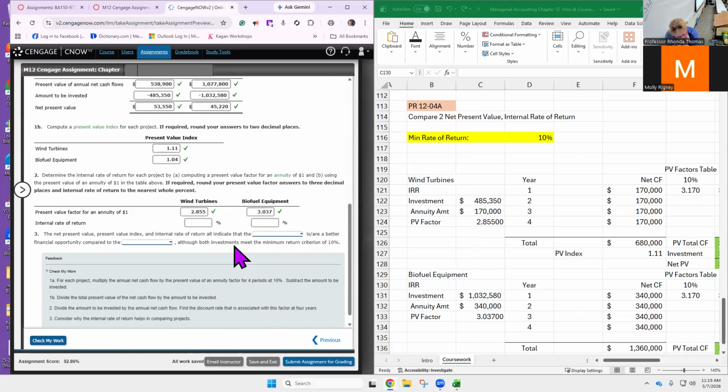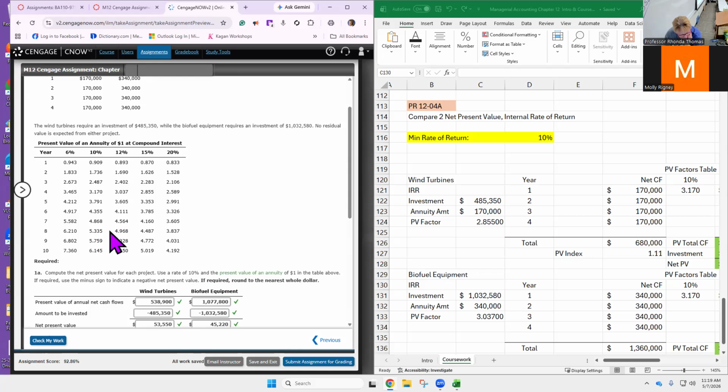All right. So now here comes the 4th part. We have to go back up to the table and find the wind turbines' present value factor somewhere on this table. Oh, there it is, and it is exact. Guess what? It's usually not exact.